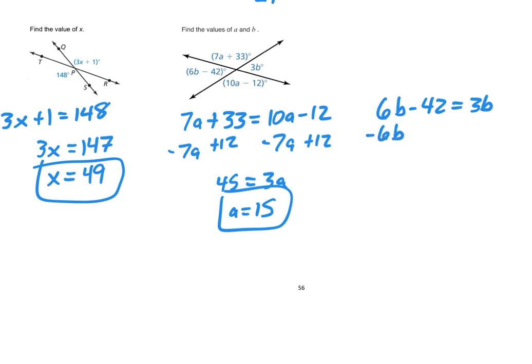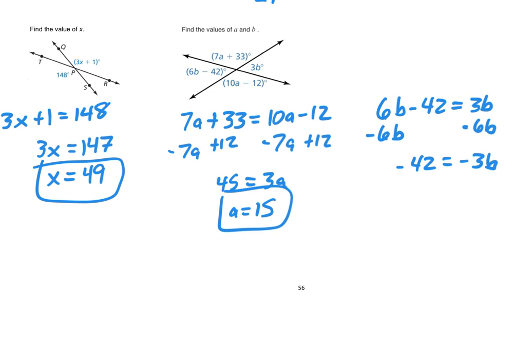The reason I ask that is because it's probably not what we would choose to do, because when I subtract 6b from both sides, what happens? It becomes negative. I know sometimes we like to avoid negatives, and there's nothing wrong with that, but in this case, because negative 42 is over here all by itself, that's probably why we would choose to do that.